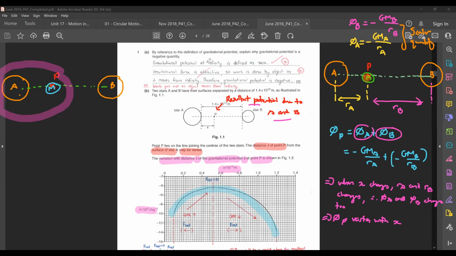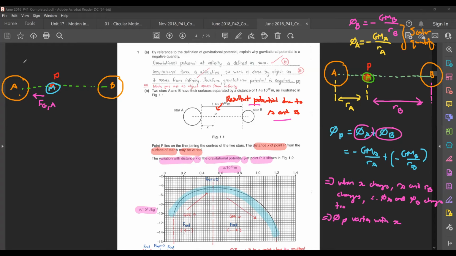Now, if I'm talking about these two masses, star A and the test mass, the gravitational force due to A alone on the test mass would be in this direction. This one is FgA, because the test mass will be attracted towards star A. If you just consider these two, the gravitational force due to A will be towards the left.